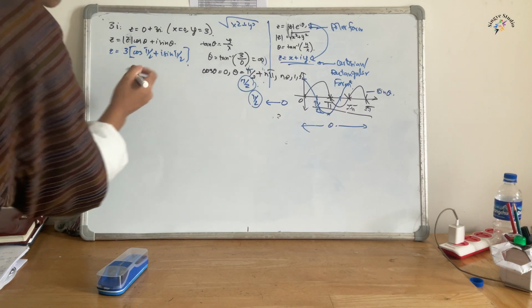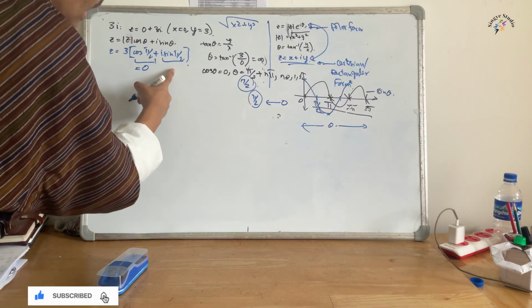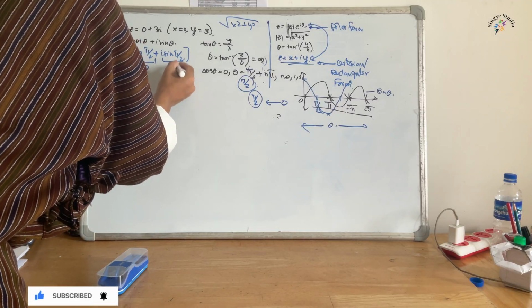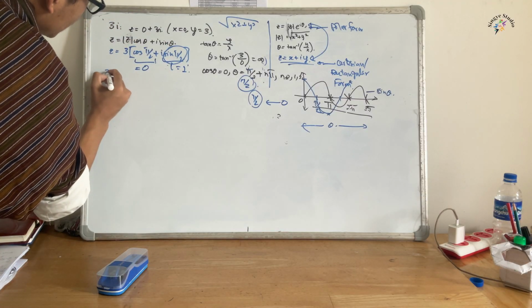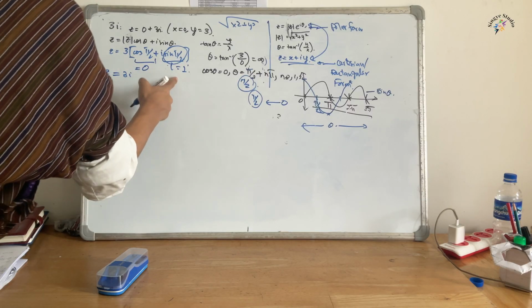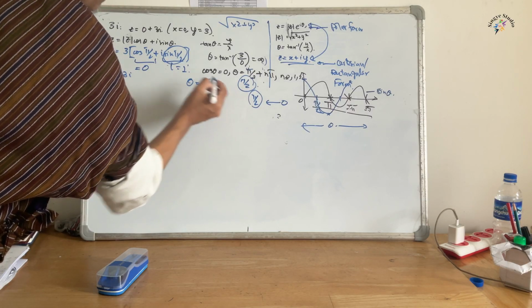So what does it mean? Cosine pi by 2, I have already said it's 0, and sine pi by 2 means just i, because sine pi by 2 equals to positive 1, right? So we get z equals to 3i, okay? Which means now we got that angle equals to pi by 2.